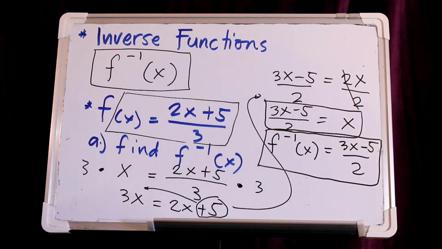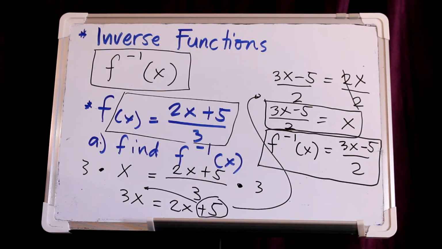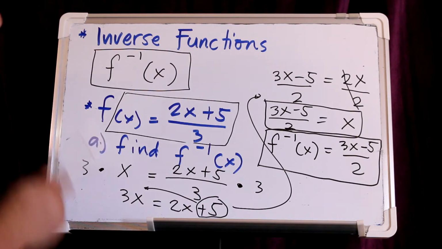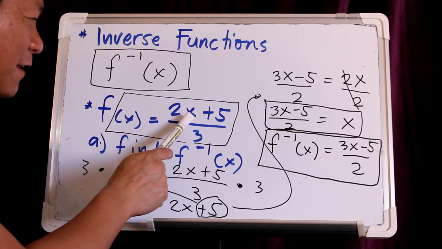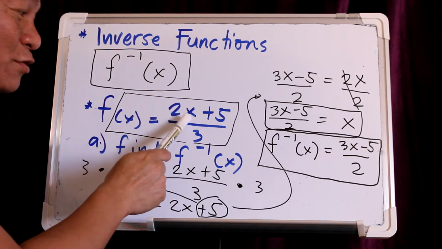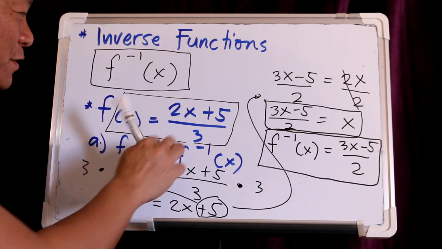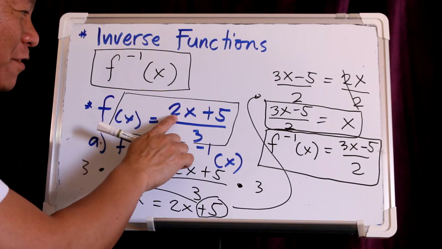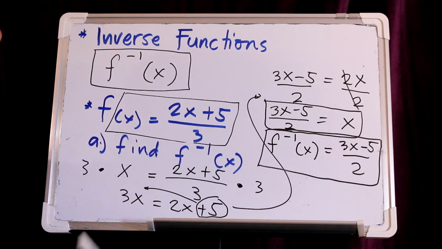Okay, how to check if our answer is correct? See, since they are inverse, if you are going to substitute a number here, say let's say 2. Alright? So if you're going to substitute 2 here, that means 4 plus 5, that's 9, divided by 3, the answer is 3.